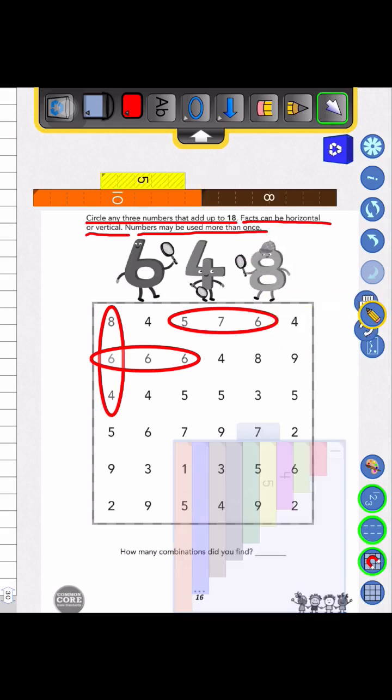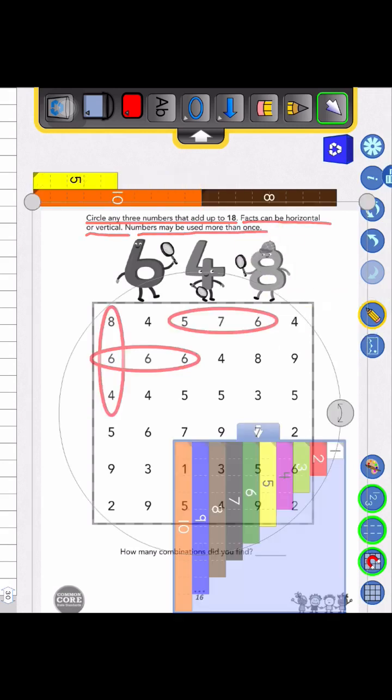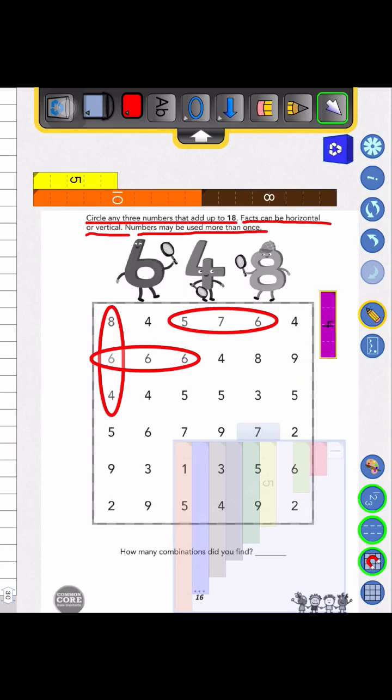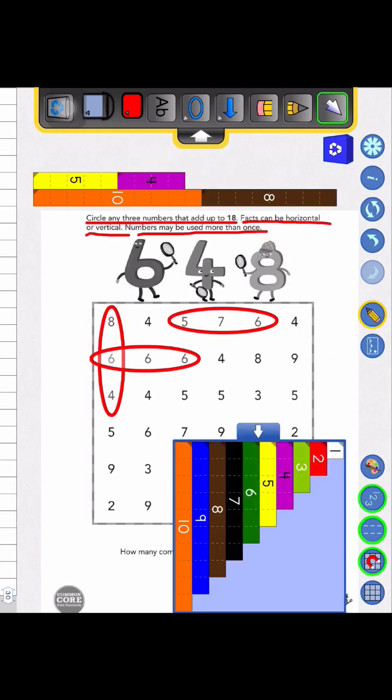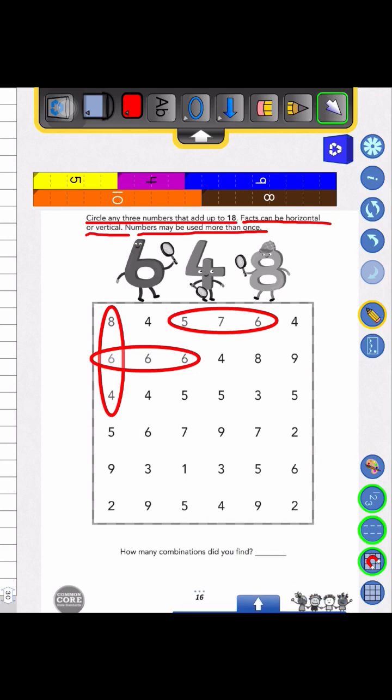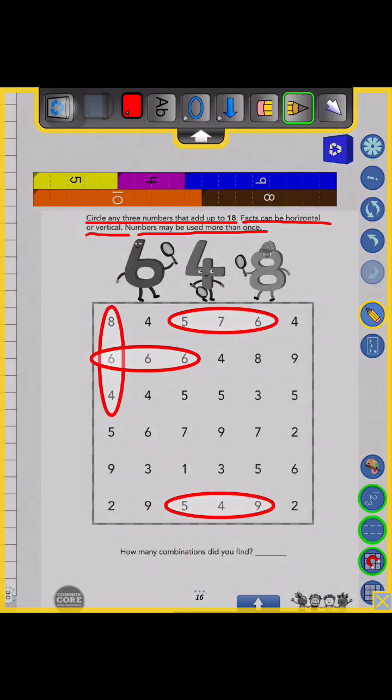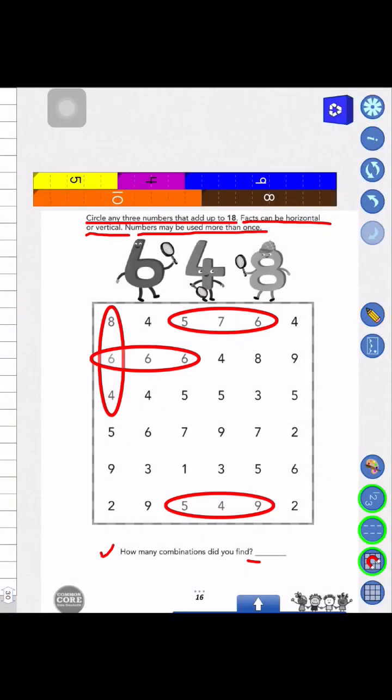This time we're going to try number 5, number 4, and number 9 in the last row. So we put a 9 rock here. Yes, they add up to 18, so we circle number 9, number 5, and number 4. Okay, kids, there should be a couple of combinations that you can find. So kids, please try to find all the combinations and write down how many combinations you can find.